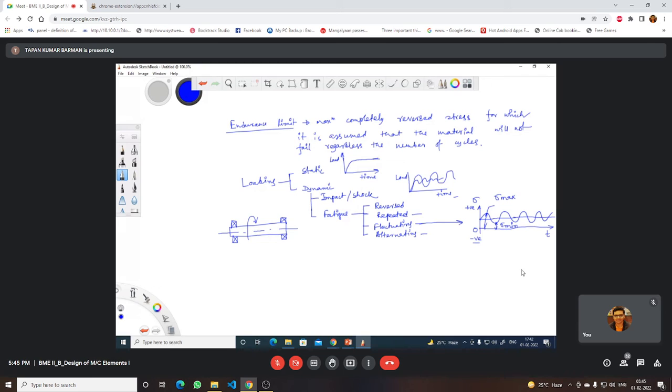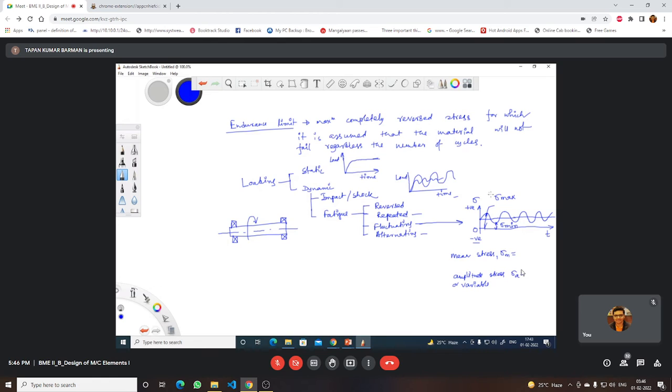Now, here we define two terms. One is called mean stress, sigma m, and amplitude stress, or sometimes we call it variable stress, sigma a.